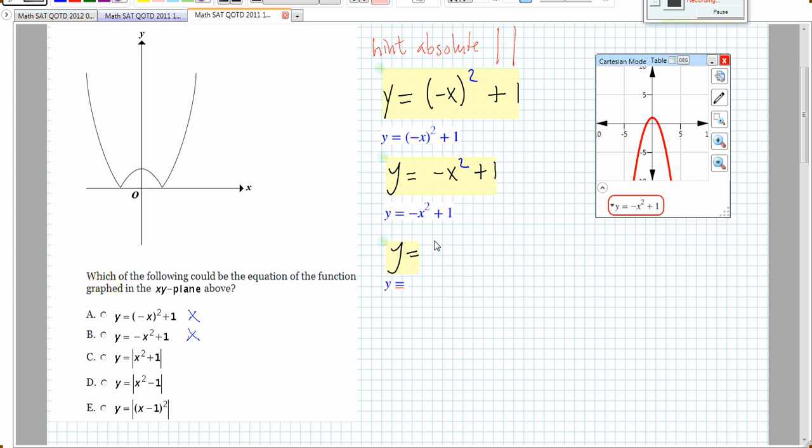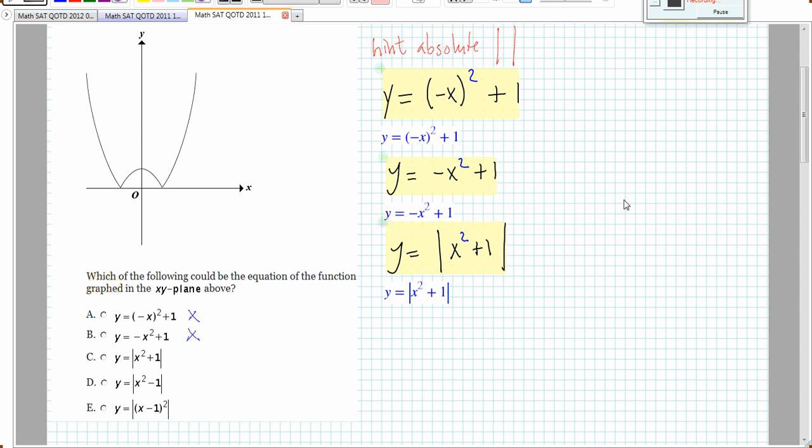y equals the absolute value of x squared plus 1. I can get the absolute values to work here. Okay, let's close this one down. So this is going to be a parabola, and it starts at x squared.